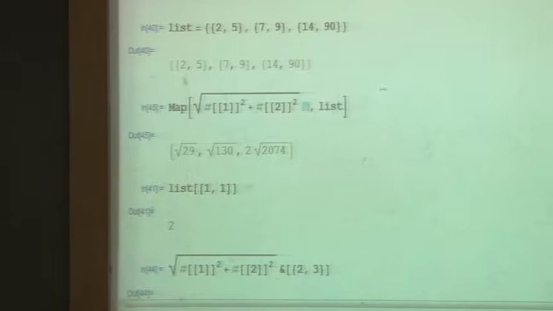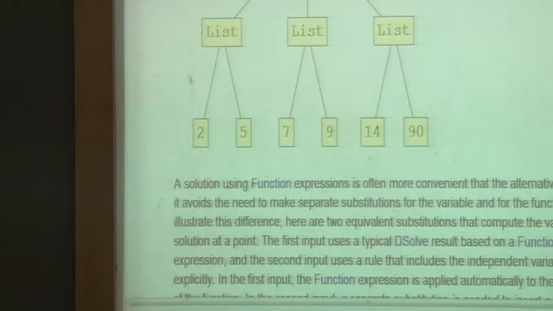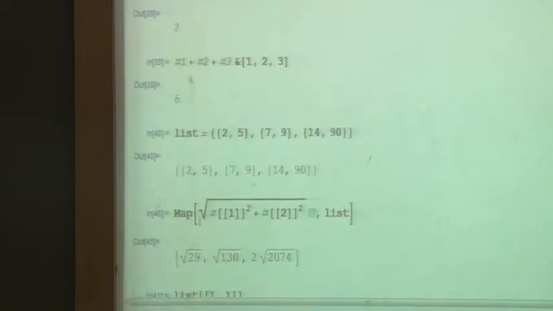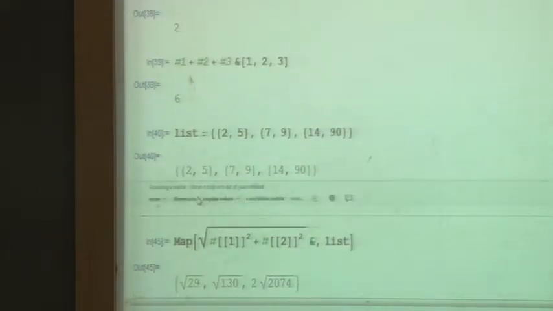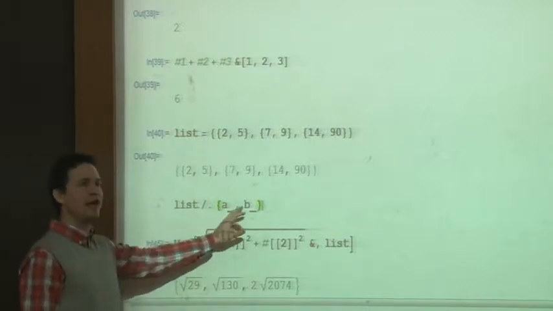So, in that case, what I'm going to do is like this, okay? I got my list. Let me solve the same problem again, but using patterns. I'm going to tell Mathematica, look, I need you to replace this pattern, right? Do you guys recognize this pattern? This is a pattern in a list with 2 elements, right?